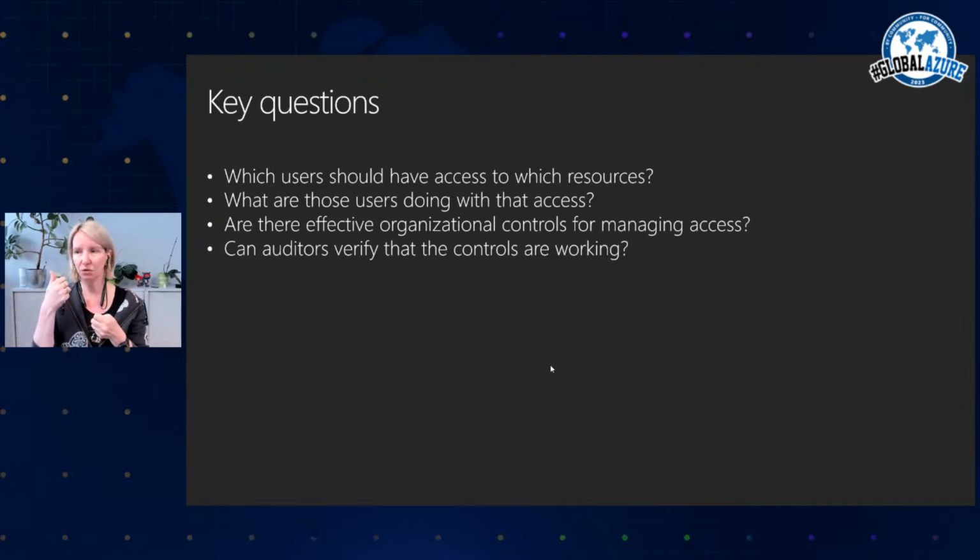Does it mean the user is an administrator? Does it mean he has read access? Or does it mean he manages his own applications? Also, think about what kind of organizational controls we have to manage this kind of access. And also, do we have an auditing system in place so that your auditors can verify the controls and whether they are working?